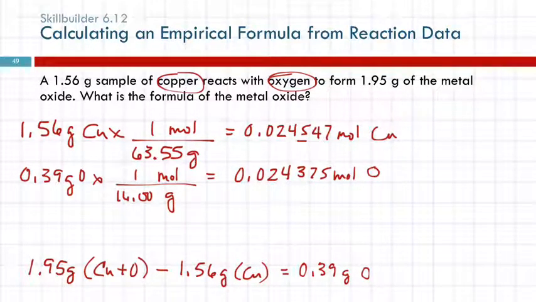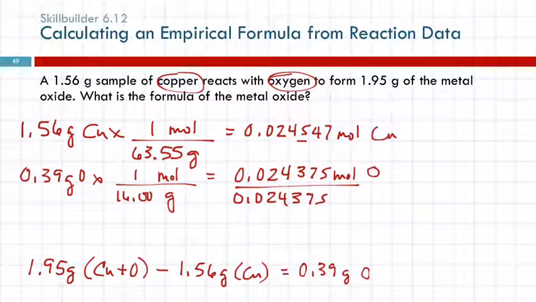Okay? Pick the smallest, divide both of them by the smallest. Well, the moles of oxygen is a little bit smaller. So that's going to be 1.